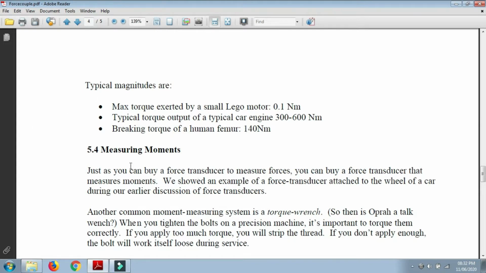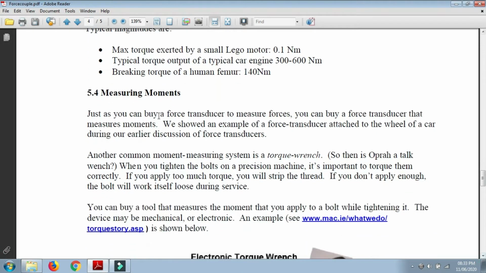Another very important topic about moments is, just as you buy a force transducer to measure force, remember, what is a force transducer? It is a more accurate, sophisticated device to measure the force. There are also some force transducers which can measure moments. We showed an example of a force transducer attached to the wheel of a car during earlier discussion.